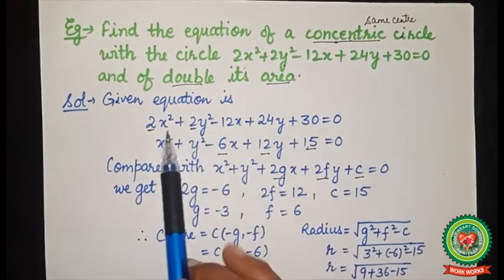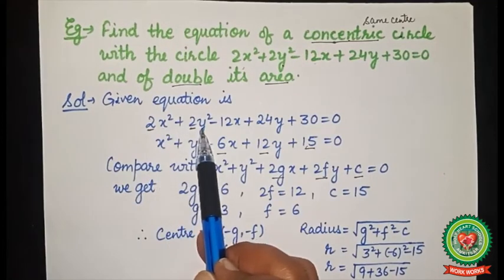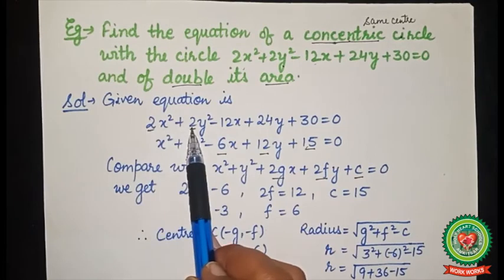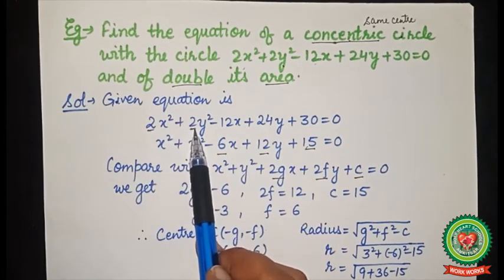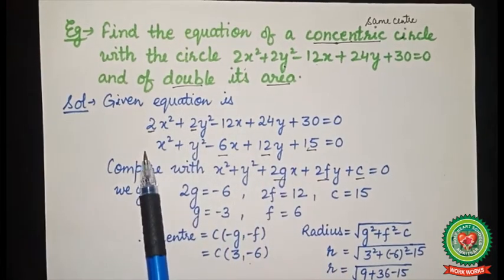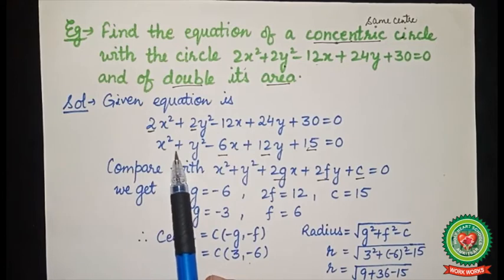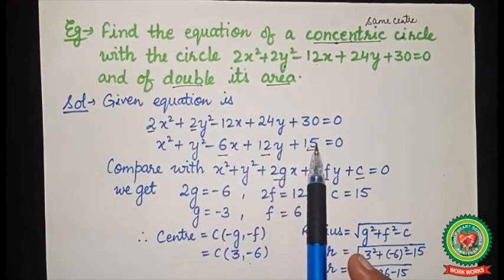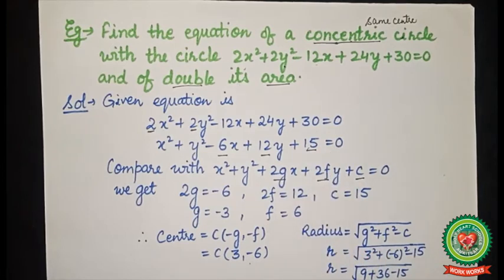Now here the coefficient of x square and y square is not equal to 1, but it is equal to 2. So firstly we will make it 1. So divide the equation by 2. We get x square plus y square minus 6x plus 12y plus 15 is equal to 0. Now we will compare it with the general form because here the coefficient of x square and y square is 1 now.